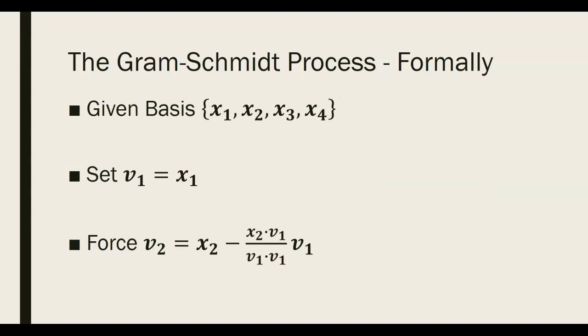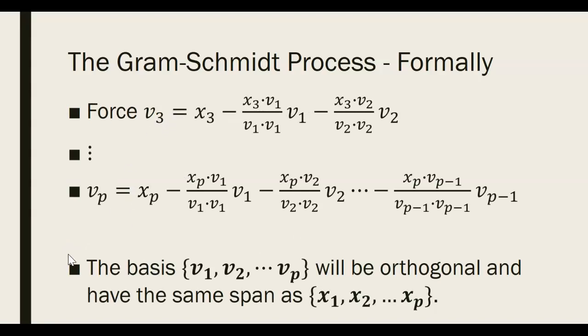Now, formally, it looks like this. We start with the basis x1, x2, x3, x4. We let v1 be x1. v2 is going to be x2 minus the projection of x2 onto v1. All right, that's what this is. The projection of x2 onto v1, we take x2 minus that, and that gives me my orthogonal component, which we call v2.